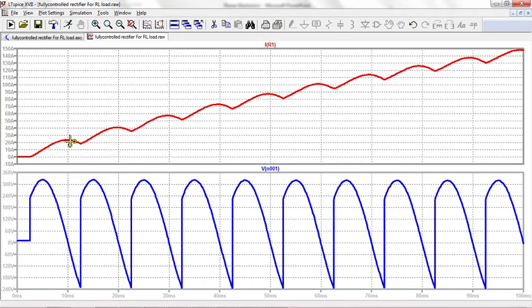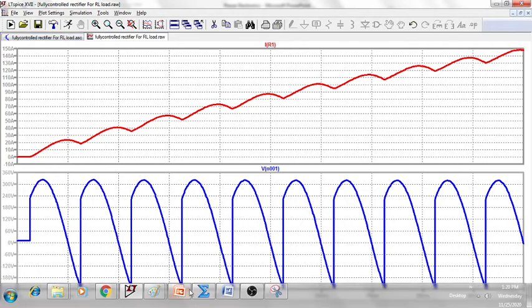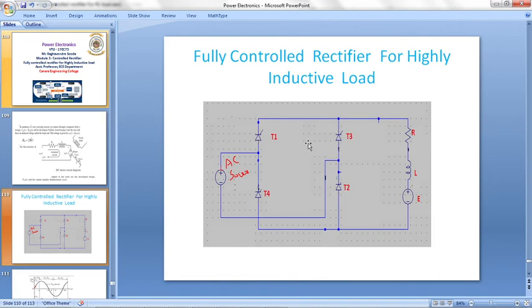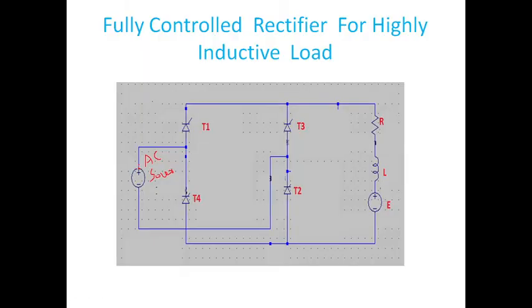So the load is receiving the entire voltage, because these two are in open state and these two are in closed state. Later we fire these two and these two will be in open state and these two will be in closed state.